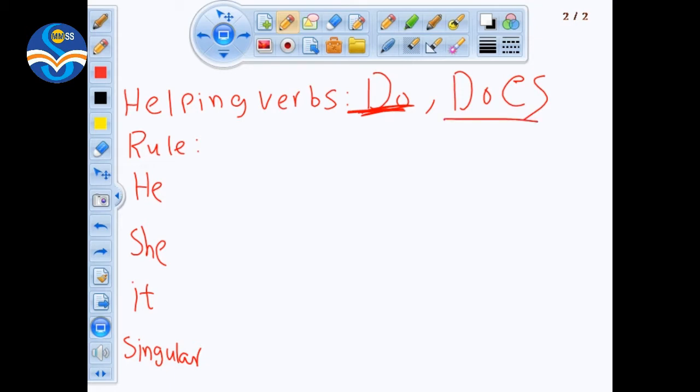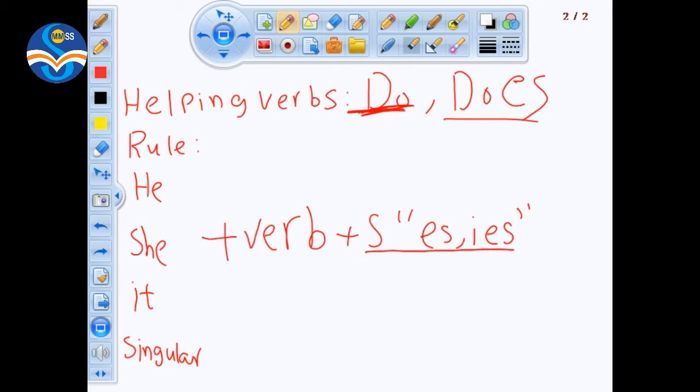So the rule will be just like that: verb plus s, es, or ies. Why do I put the s, es, or ies? It's because he, she, and it use does. So s, es, and ies are instead of does.